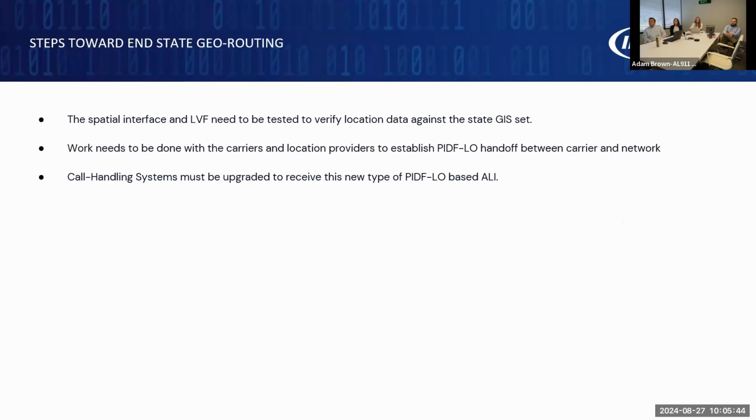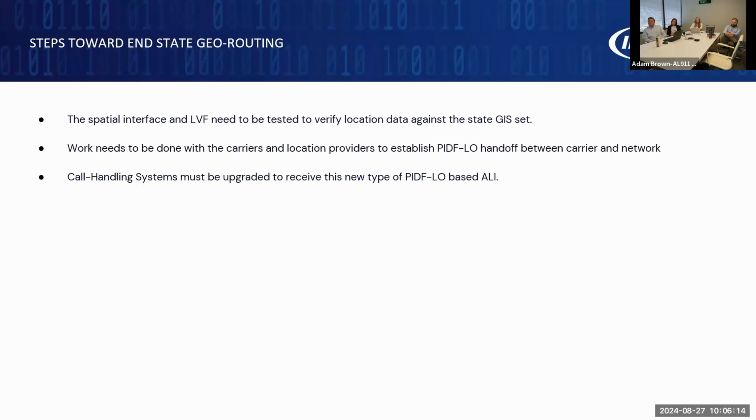These are some simplified steps towards the end state of geo-routing. We are currently testing LVF to set up those alley records and get them validated against your GIS data. Work needs to be done as far as the carriers and the location providers handing off that PIDF-LO, that location information, between us, the network, and the carrier themselves.